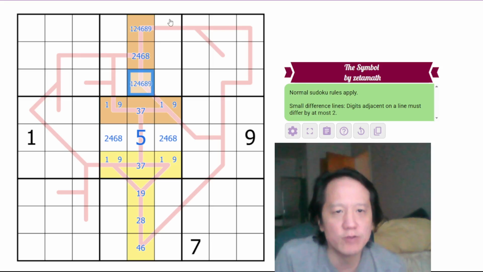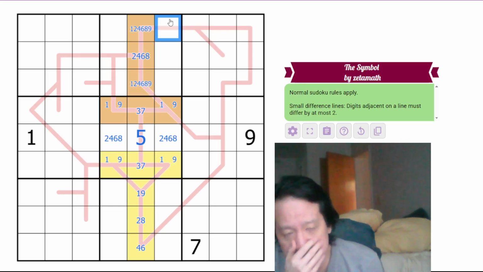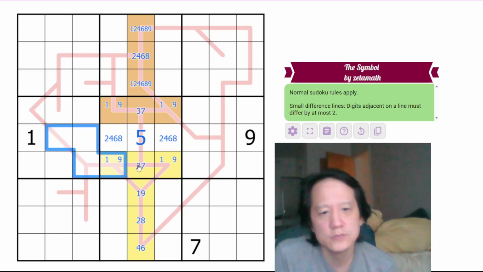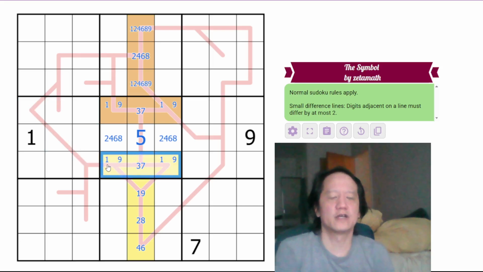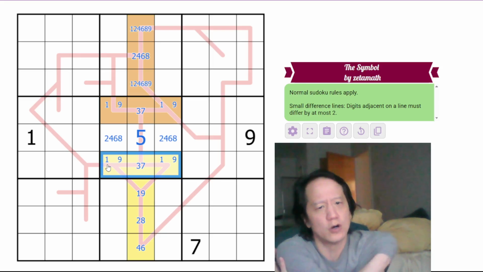So we have no real guarantees about that cell there. Hmm. This is very interesting, actually. The limitations are pretty strong.